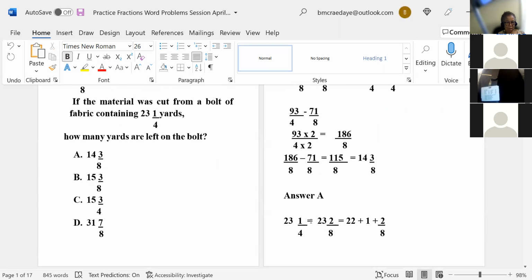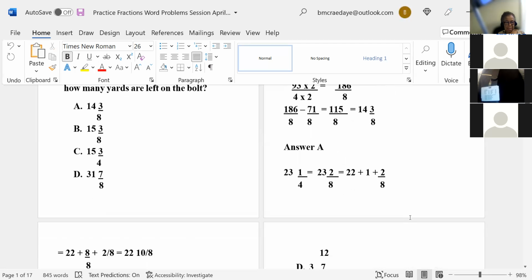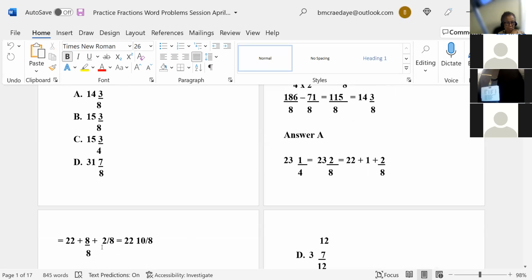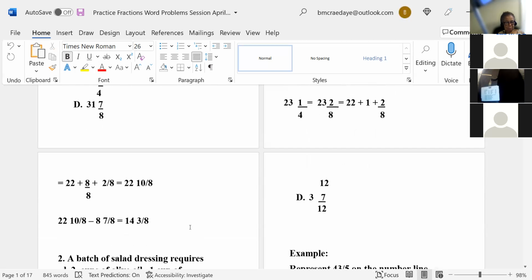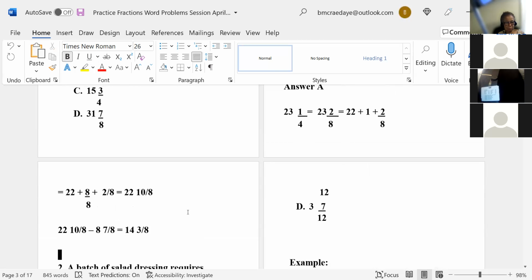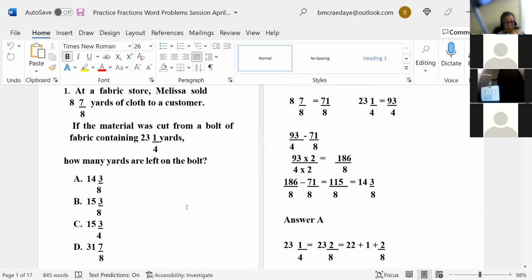But you have to choose to take a whole number out of here and put it in eighths, because we're working with eighths, right? So the 1 is 8 over 8 that we can add to 2 eighths, so we get 22 and 10/8. So which one do you think is easier, Mercedes? For me, I did the improper one.